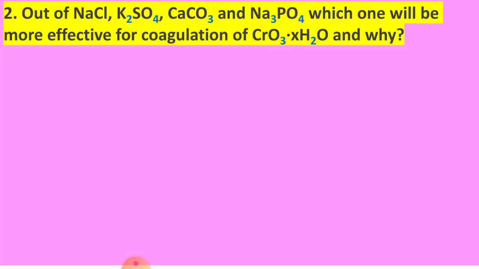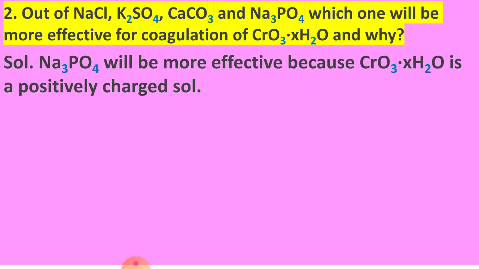Now dear students, second question: out of NaCl, K2SO4, CaCO3 and Na3PO4, which one will be more effective for coagulation of CrO3·xH2O and why? As I told you, hydrated oxide basically belongs to the positively charged sol, so here too you have to look at the anions, the one which contains more negative charge.